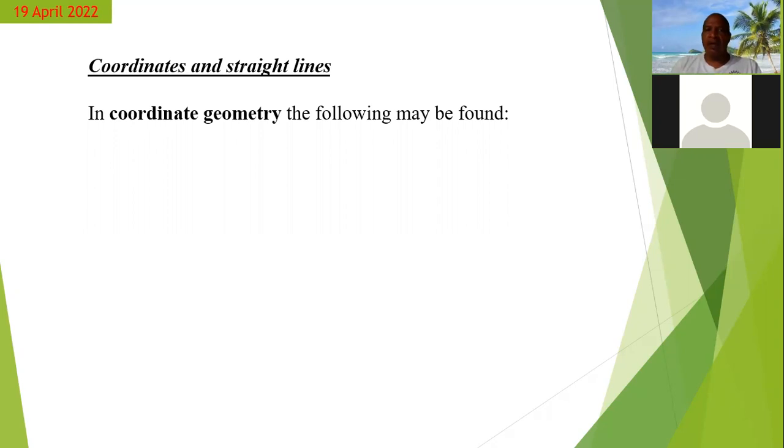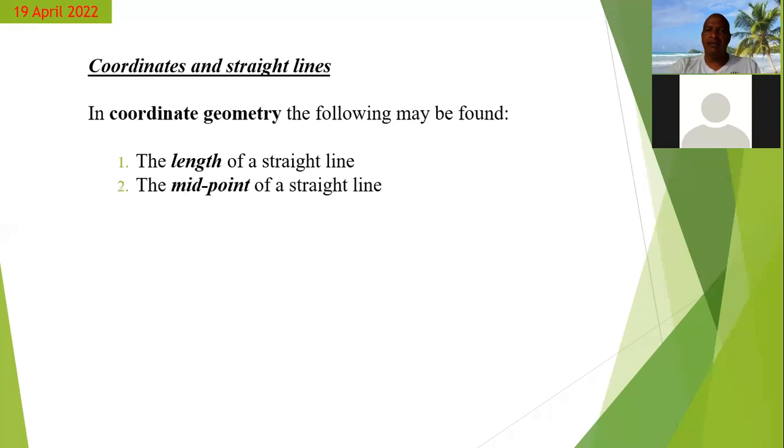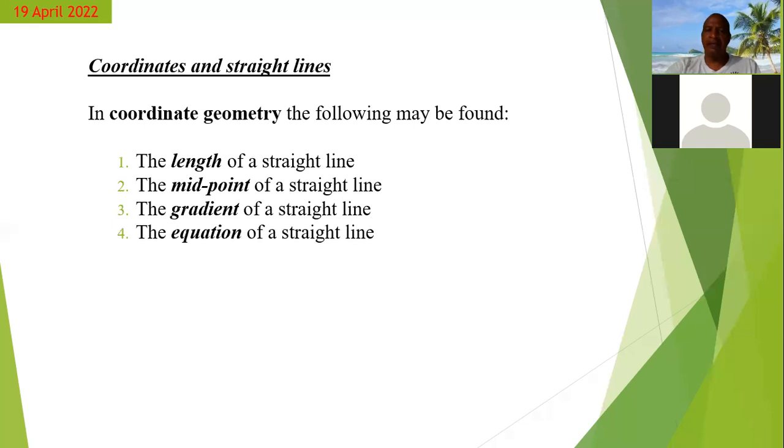Now, for coordinate geometry, we're going to be looking at coordinates and straight lines. There are a number of things that we can do when it comes to straight lines, and these are some of them. We can find the length of a straight line. We can find the midpoint of the straight line. We can find the gradient of the straight line.